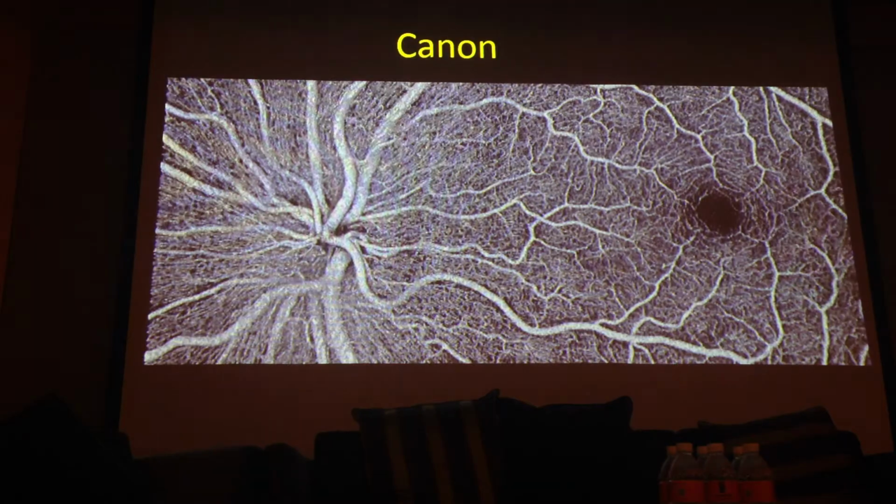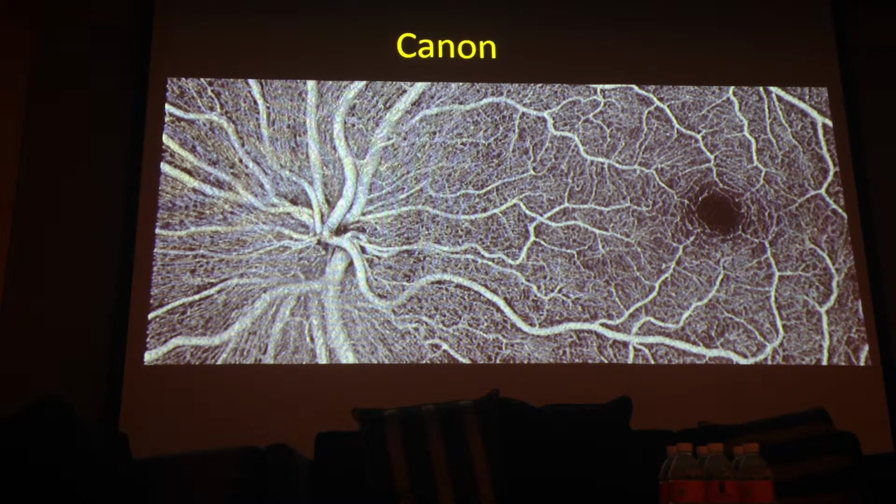Another attempt is Canon. I've shown you these images. This is just a previous step of the Canon system, and they can already give you information with OCT angiography, including the optic nerve and foveolar region. And probably in the near future we will have this solution.